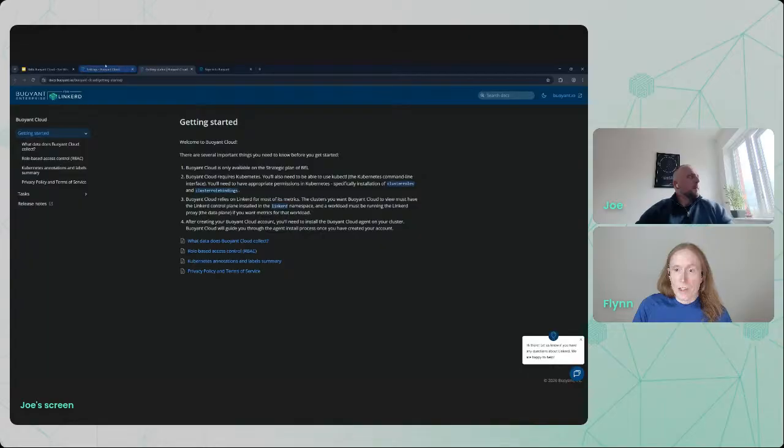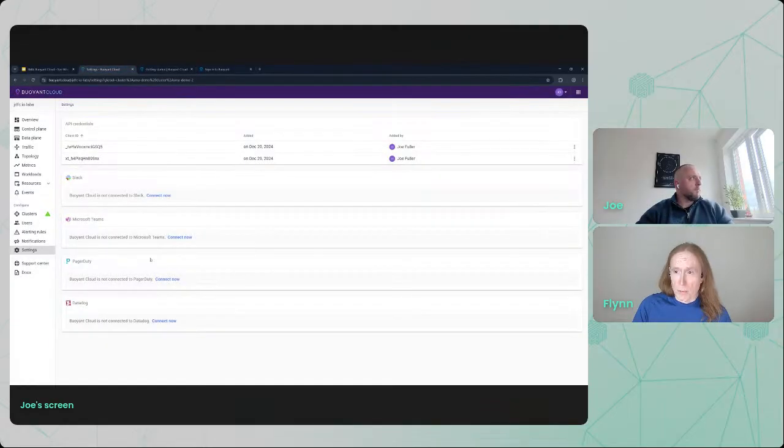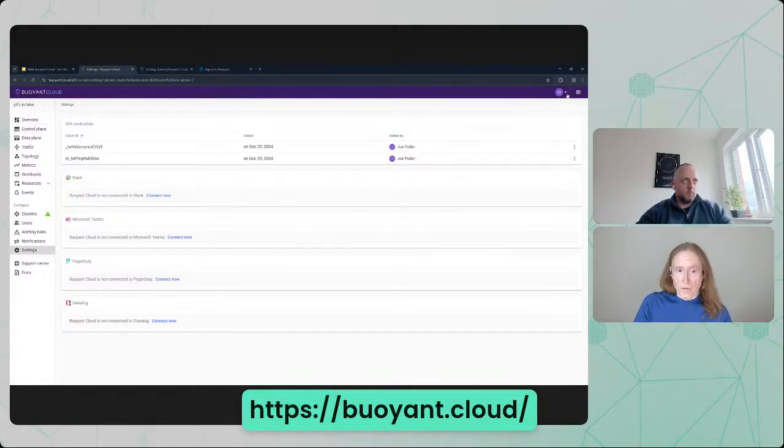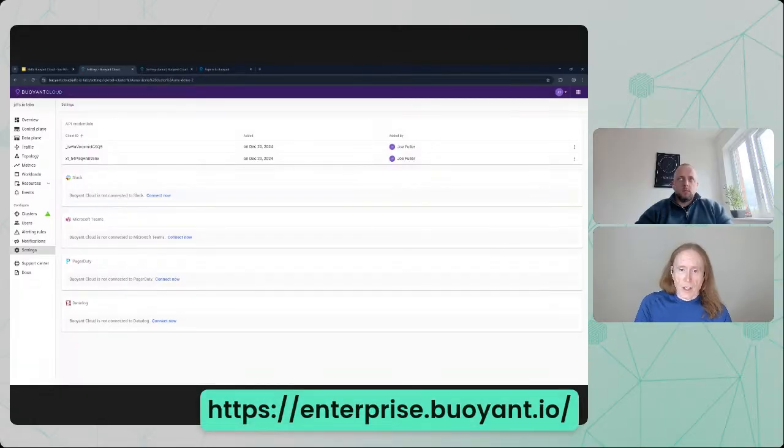Speaking of Slack, the other thing that we should have pointed out towards the beginning was how you get to Buoyant Cloud itself, once you have it set up and everything. And if you are interested in trying all of this out for yourself, go over to enterprise.buoyant.io, and you should be able to sign up for a trial or to set things up, so you talk to Joe or somebody like Joe.